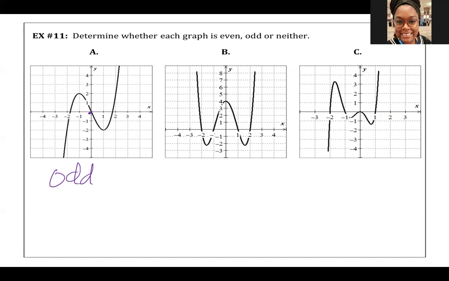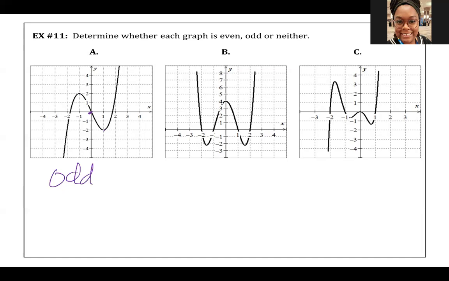Second thing we want to check is that corresponding points are on the graph. So notice here we have (-1, 2), and here we have (1, -2), right? And that pattern continues. Your last quick check is if you take your paper and rotate it 180 degrees, which means turn it upside down, does it still look the same? Yes. Everyone sees that? All right.